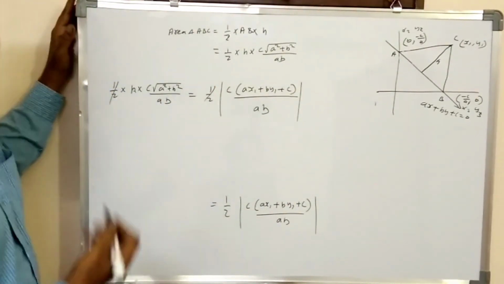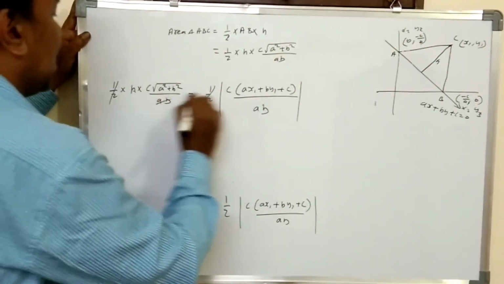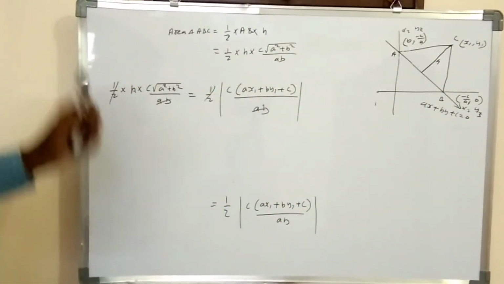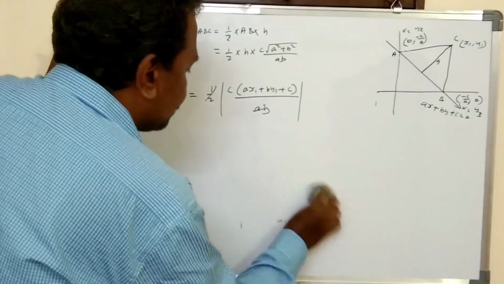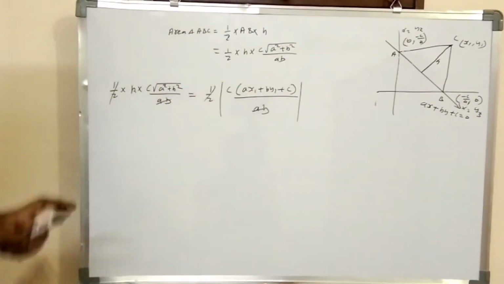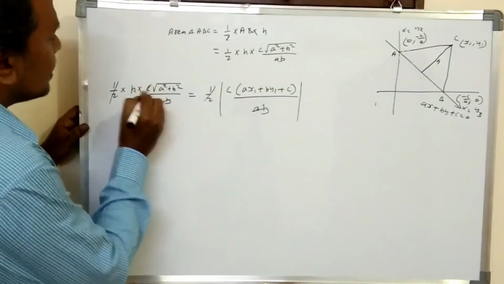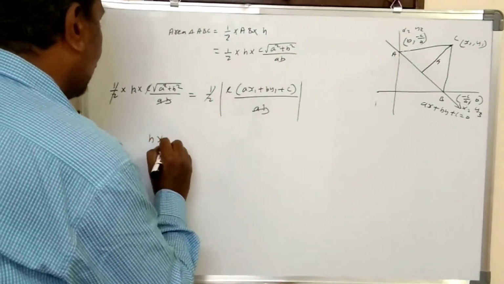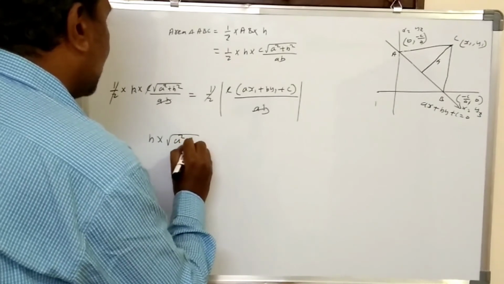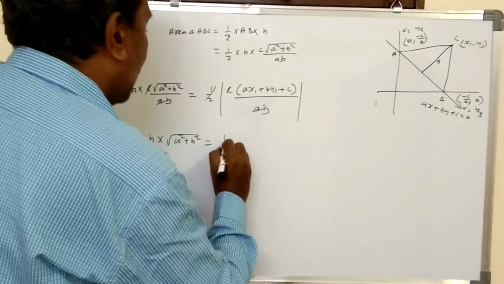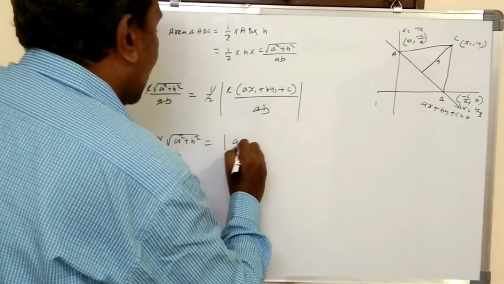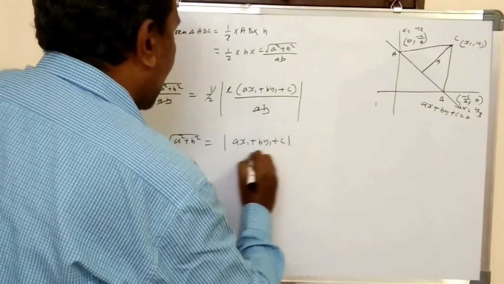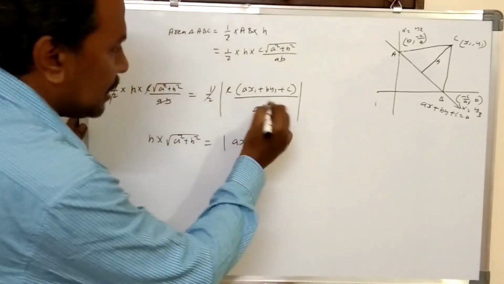Half both get cancelled, ab both get cancelled. One more thing, here c will be cancelled. So what is left? h into square root of a square plus b square is equal to mod of (a x1 plus b y1 plus c).